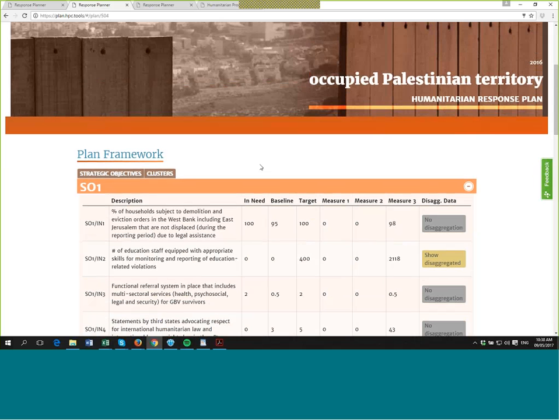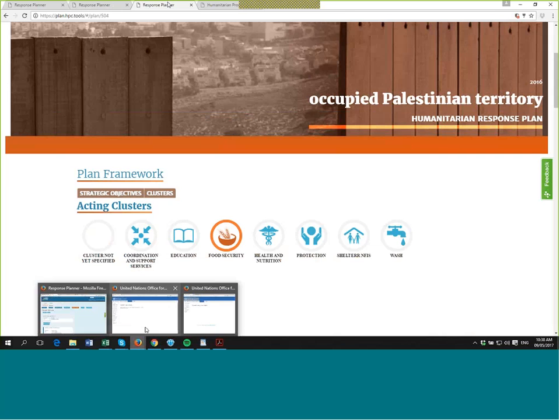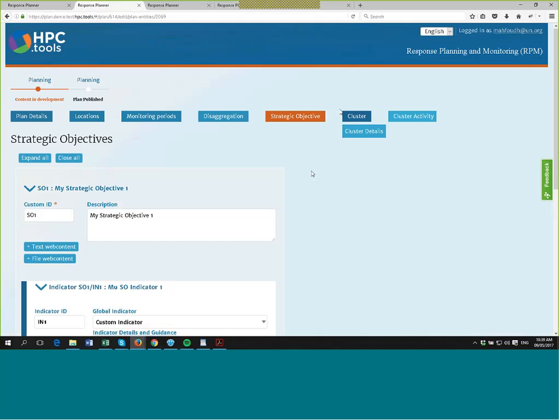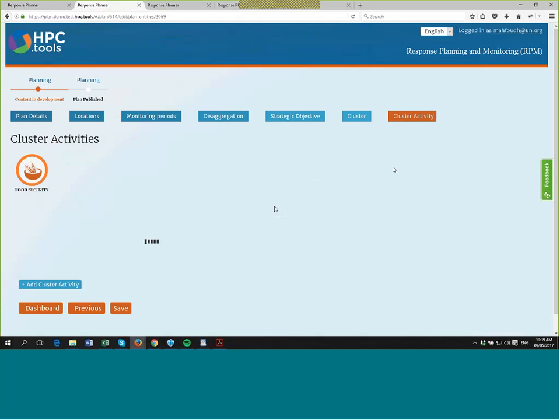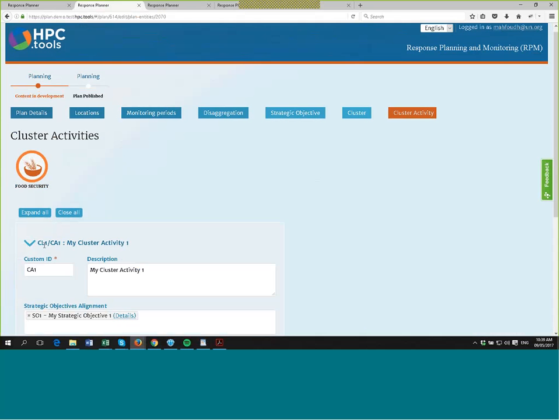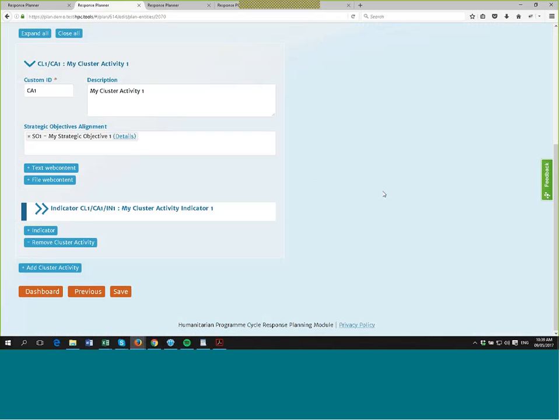But one of the potentials that it has is to allow you to tag the plans, because we already have here, for example, the cluster plans, which list the activities for the specific clusters. With this, it will be possible for you to go to, say, OPS, click on the project, and then add or tag specific activities on the plan with specific projects, which will form the basis of the 3W.